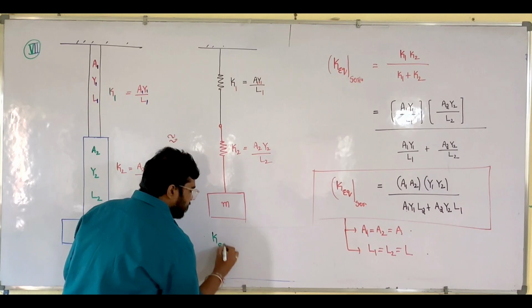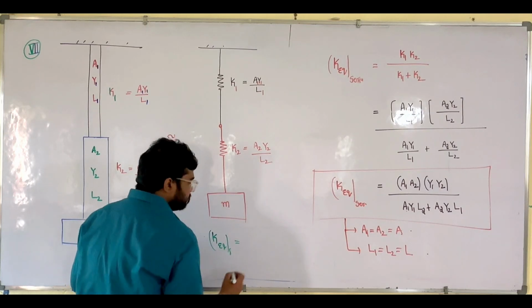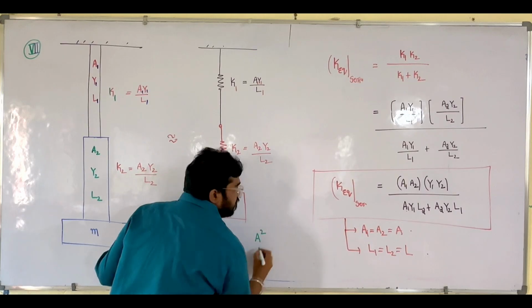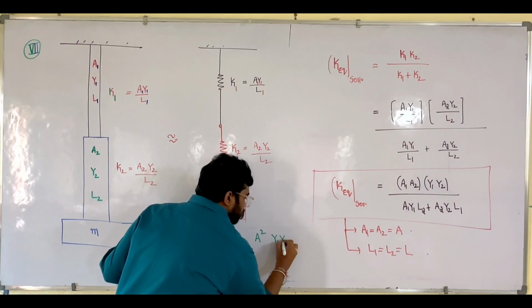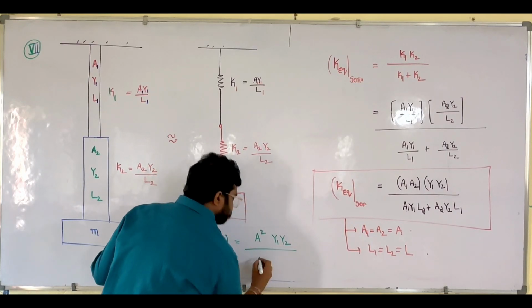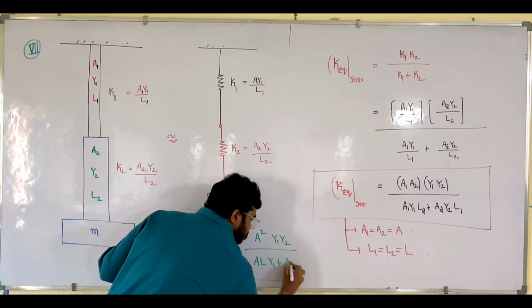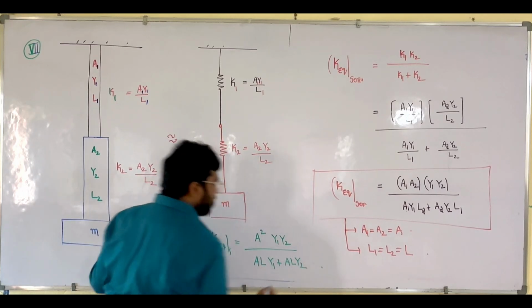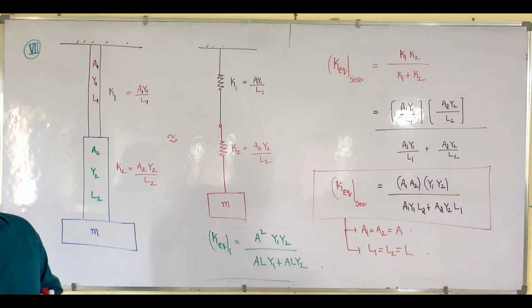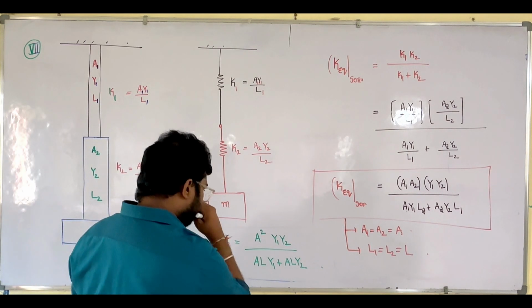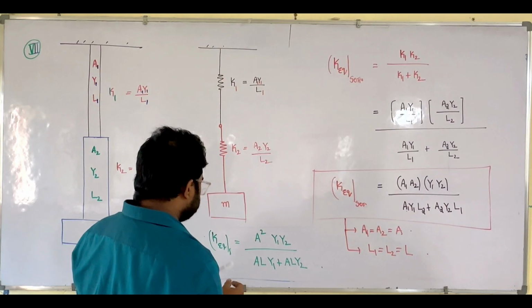A square into Y1 Y2 by (A L into Y1 plus A L into Y2).